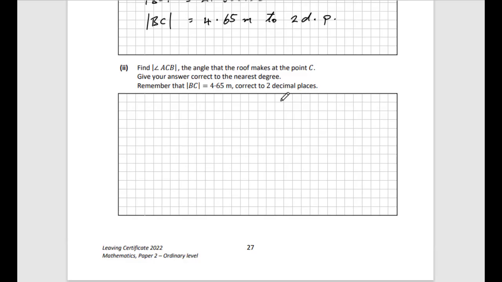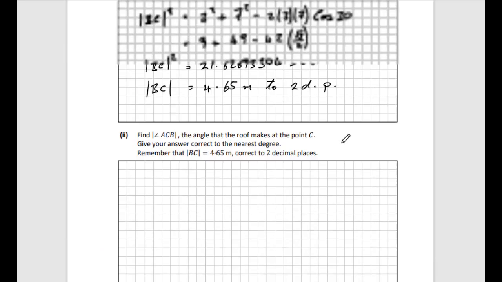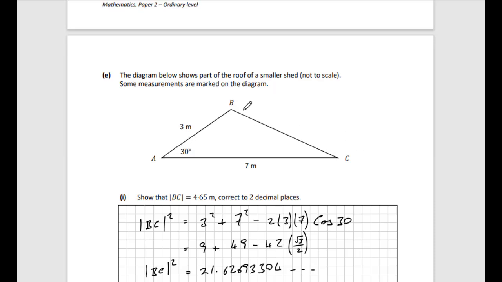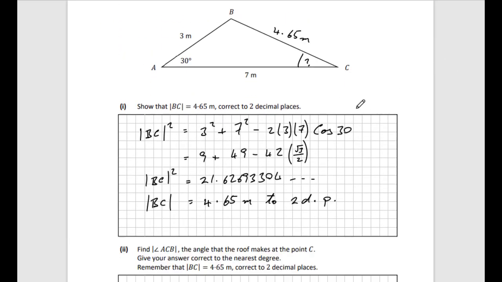Okay, so in the last part here, what have we got to do? Find the angle ACB. So you've got to work out this angle here, and remember this is 4.65 here. So what I'm going to do here is use the sine rule.